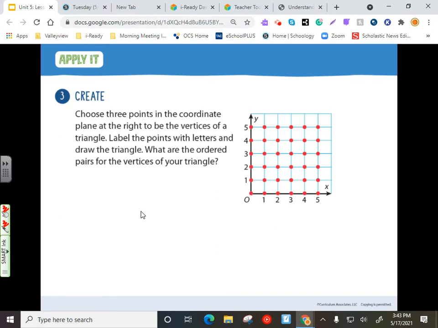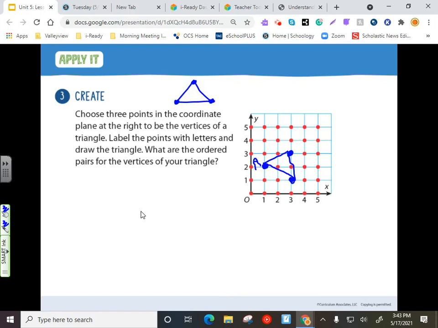Number 3, choose 3 points of the coordinate plane to create the vertices of a triangle. So vertices of a triangle are just where the points meet. That's all that a vertex is. So I'm going to choose, let's see what I'm going to choose for this one. Let's go with this point here, and I'll pick this point, and then I'll pick this point here, and I'll connect my points.